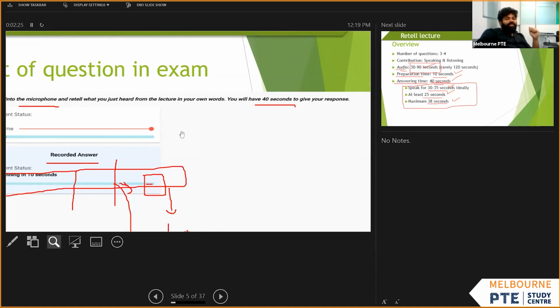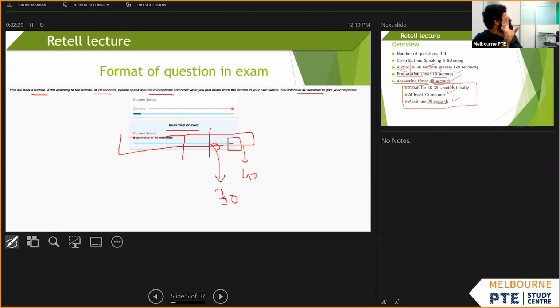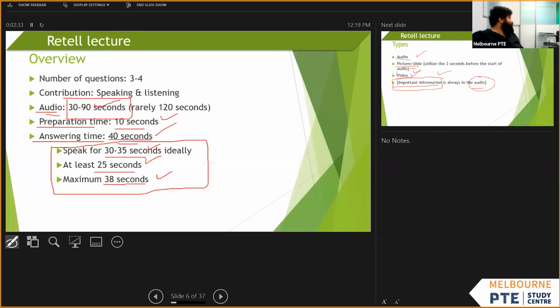So basically, what it is telling you is that you are going to be listening to an audio. Now, in this case, the audios will be a bit longer. If you have a look at this slide, they can range from 30 to 90 seconds, going from half a minute to 1.5 minutes.